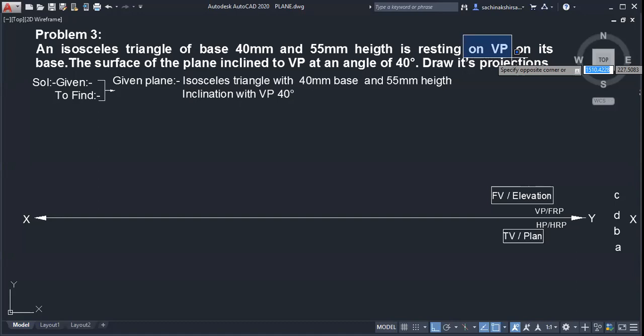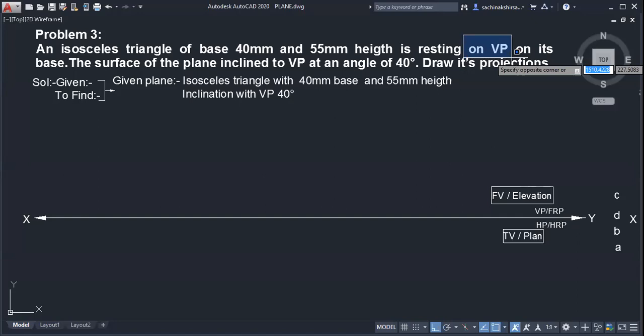On VP or in VP means, as we discussed, every problem will start with the true shape of the plane. But a question may arise in your mind: where to draw that true shape, in HP or VP? That's why we have to read the problem statement carefully and see where a particular plane lies.